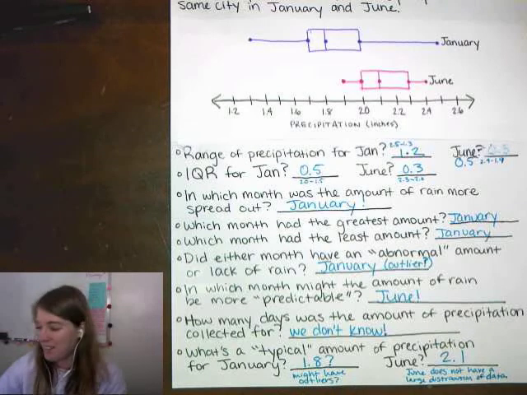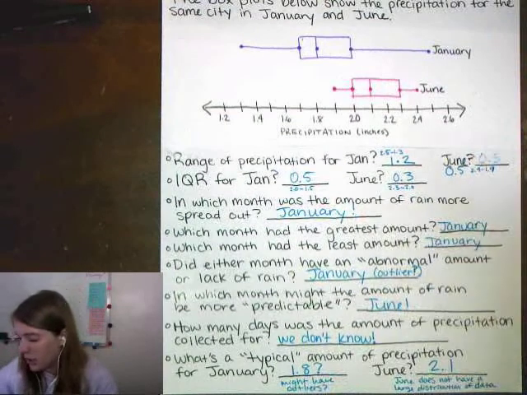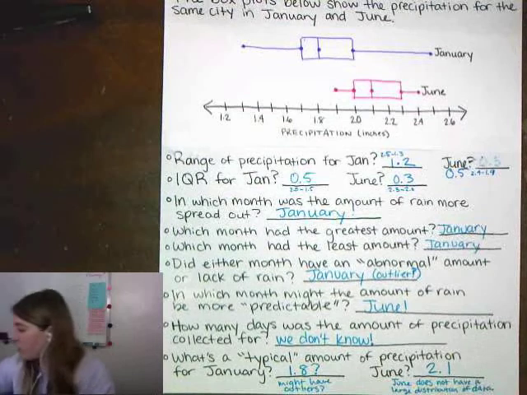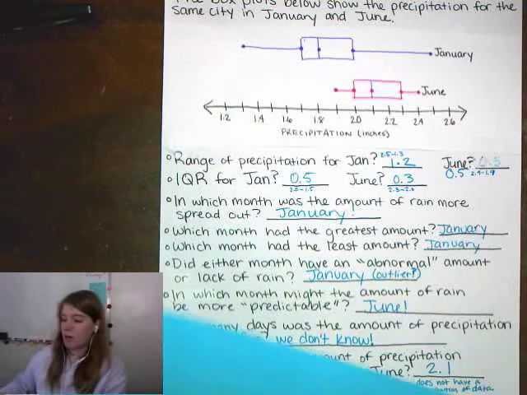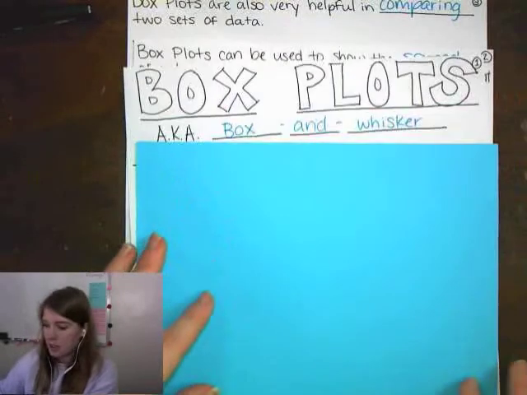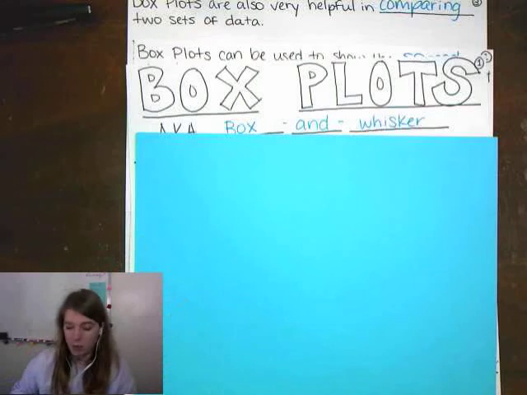It is not very spread out, whereas January is. So I hope those inferences all make sense. Again, they are just inferences, so just because I'm saying them doesn't necessarily mean that it is the end-all be-all of what can be interpreted from those box plots.